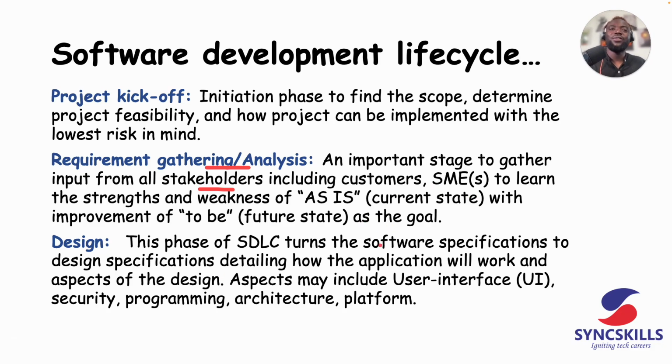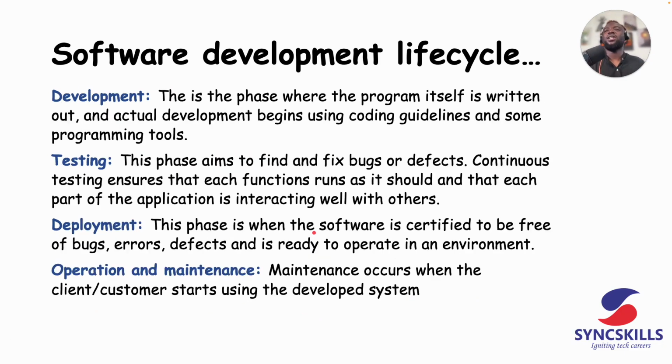And then in the design phase, we need to come up with different designs, such as user interface design, architectural design, programming design, or security design for the project. And we would get into development or build, where we would actually develop the application, making sure we follow the coding guidelines, and this is done by the developer.